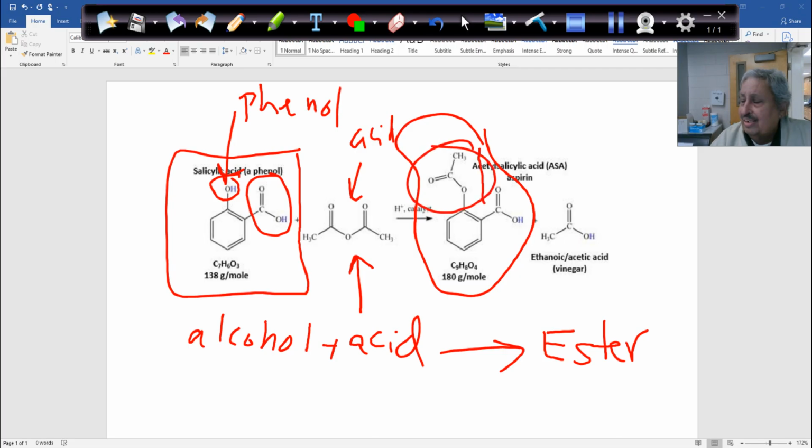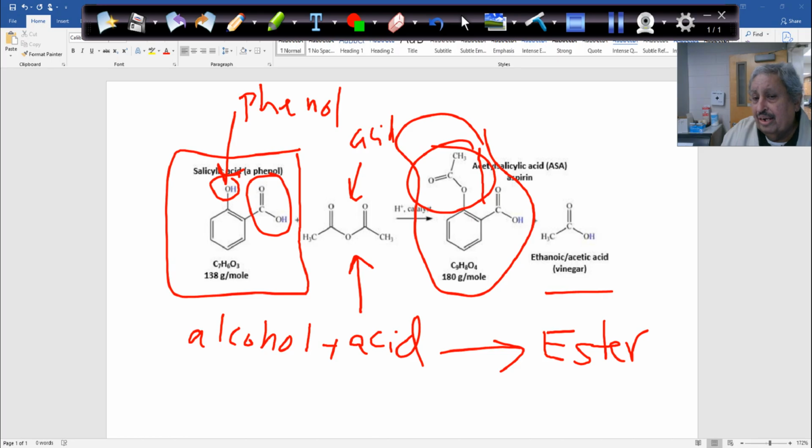So that's one esterification, and acetic acid will come as a byproduct. Ethanoic acid, vinegar, acetic acid, all those are common names, but ethanoic acid is the real IUPAC name.